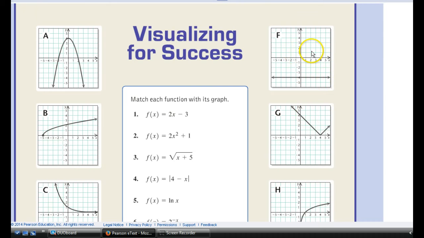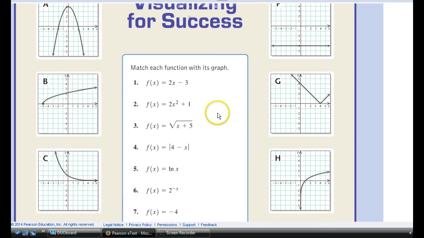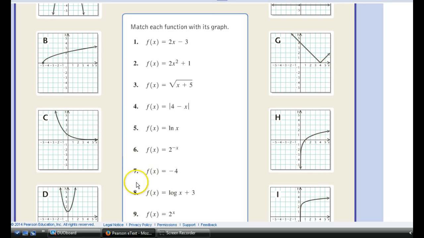Now, letter F. What is the equation of letter F? Well, it's a horizontal line, so it's y equals -4. Number 7. Okay. Now, we said when we have these V-shape graphs, that was very typical of absolute value.